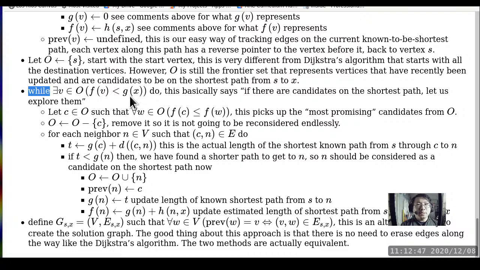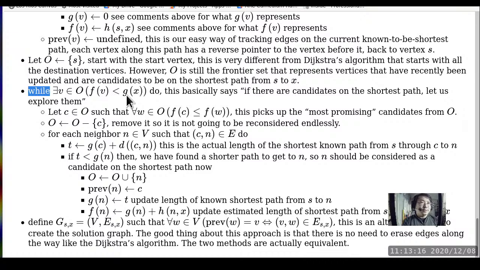So that implies that if O is empty, we are going to get out of the loop. Because when the set O is empty, you cannot have any element V that is inside that particular set. So if O is an empty set, then there exists V in O is automatically false. You don't even have to look at anything else. Okay. So if O is empty, we're done.